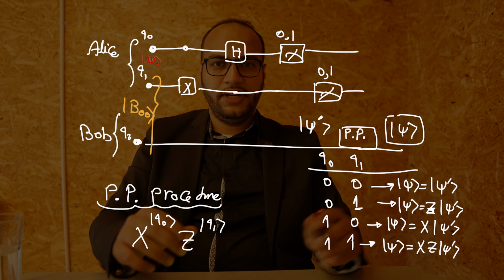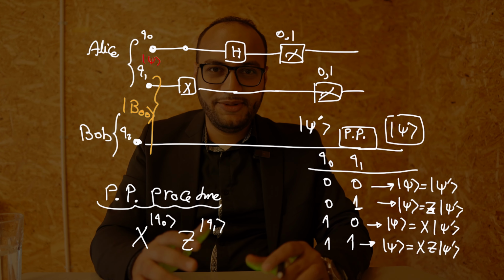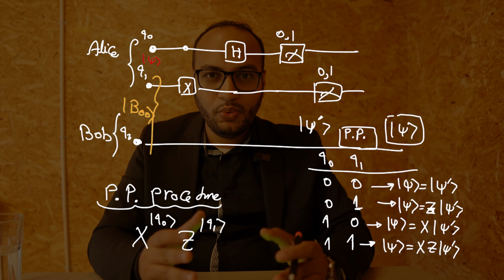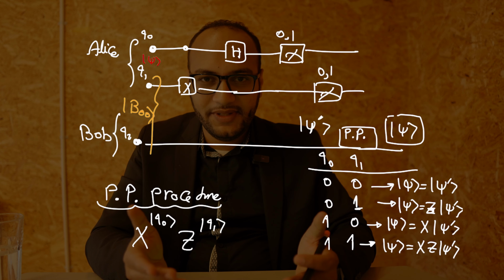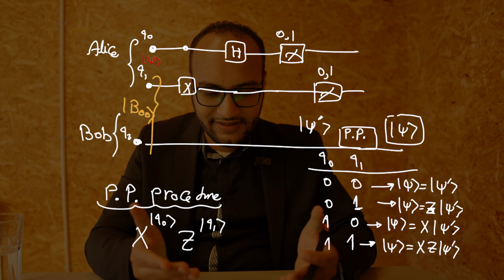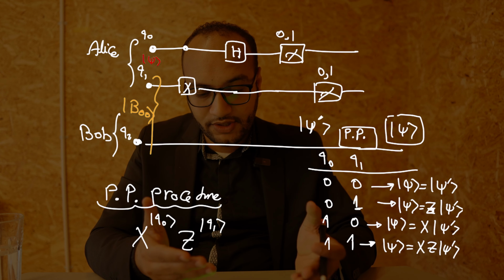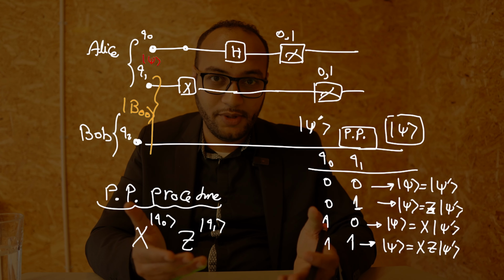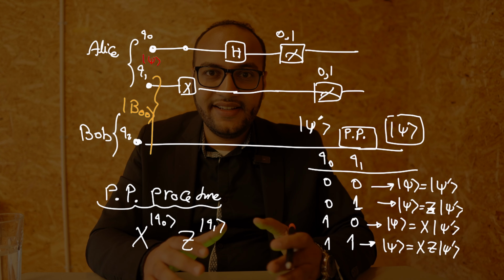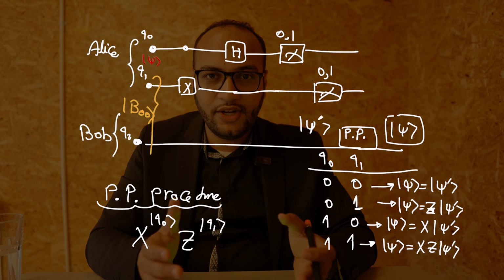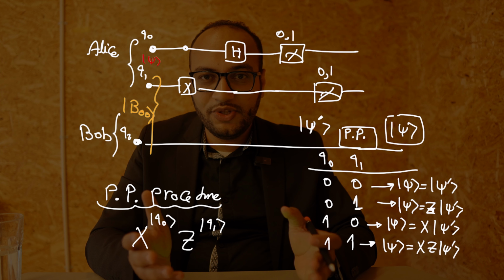And here is the thing. We have several questions about this, but the most important one is why we need to perform the measurements in the first place to send the qubit state psi from Alice's qubit to Bob's qubit, or Bob's location. And the answer lies in the no-cloning theorem. We cannot create a copy of a quantum state without destroying the original.